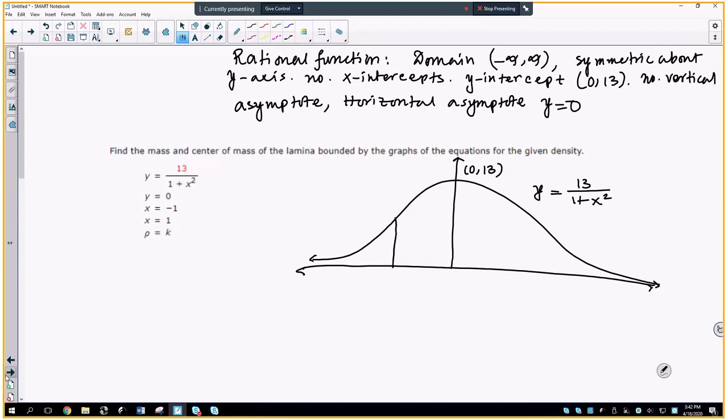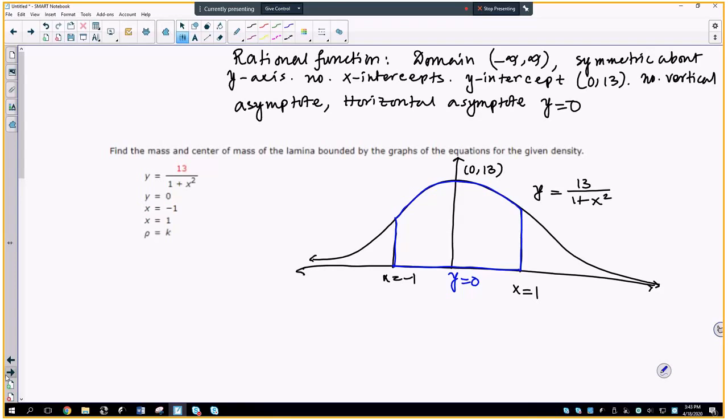So this is your x equal to -1, the vertical line, and then one more, x equal to 1. You are talking about the region that is being bounded by y equal to 0, that's your x-axis, x equal to 1, y equal to 13 over 1 plus x squared, and x equal to -1. So this is the boundary of the lamina, and I want to integrate over this region.